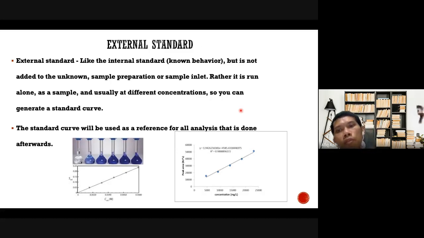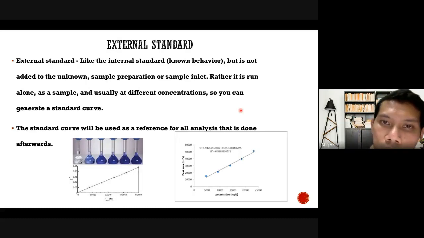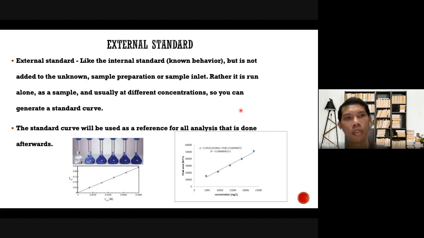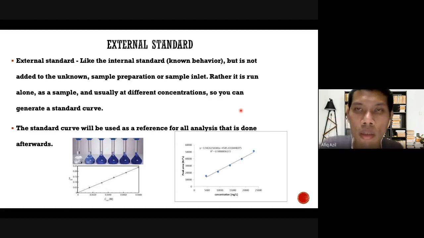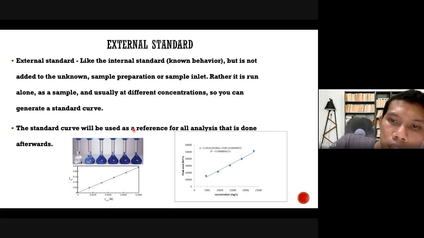Then we have the external standard. Unlike the internal standard, it is not added to the unknown, so you don't add it into the sample. You run it separately as it is. This is normally done at different concentrations so you can generate what we call the standard curve.